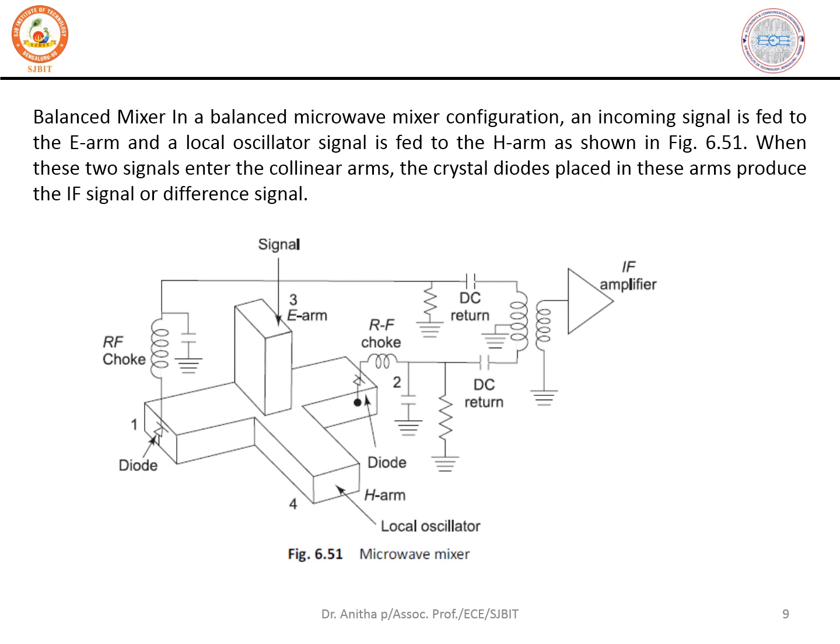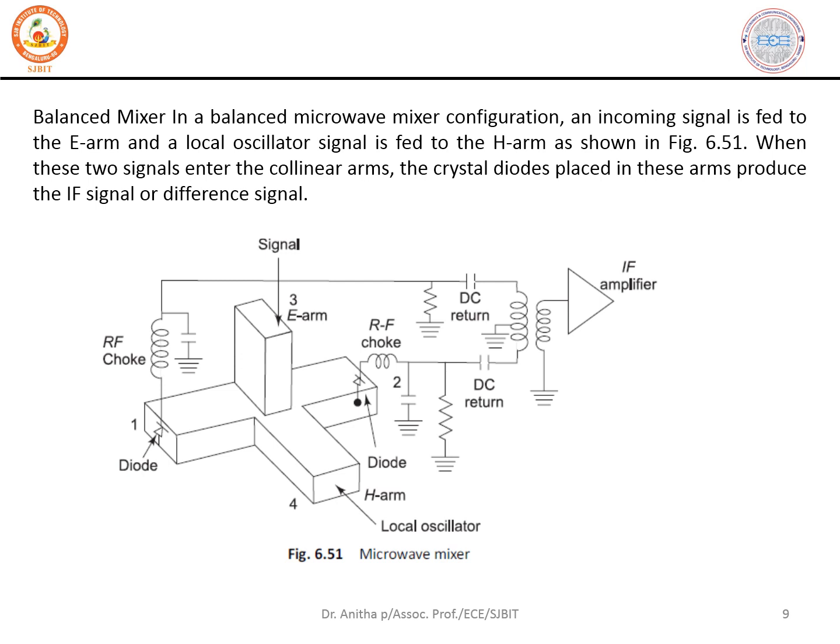One of the signals, that means the radio frequency signal, is given to port 1, and here you can observe port 2 is connected with a choke and diode, and port 4 is given a local oscillator signal, and the signal given at port 3, you can observe the output at port 2.